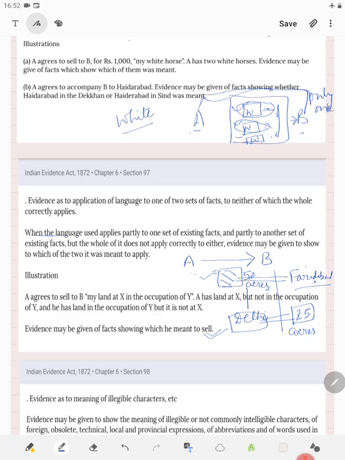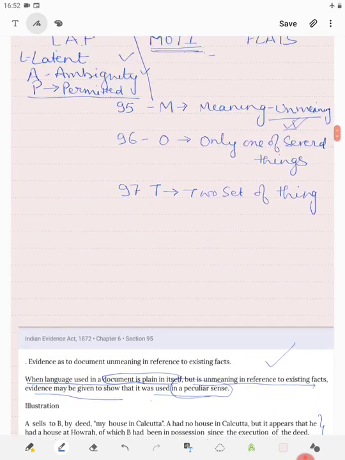So when the language used applies partly to one set of existing facts, and partly to another existing fact, but the whole of it does not apply correctly to either, evidence may be given to show to which of the two it was meant to apply. So now evidence can be given when there are two sets of facts and it doesn't apply exactly to any one, then evidence can be given as to what it was meant to apply to. So that is what T is.